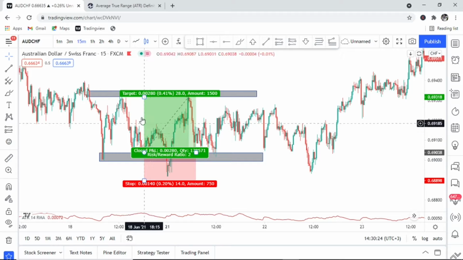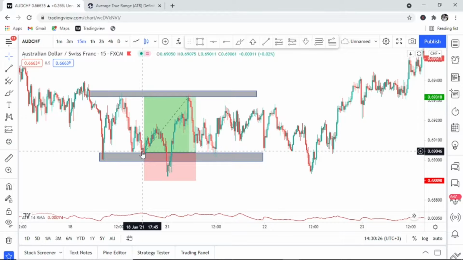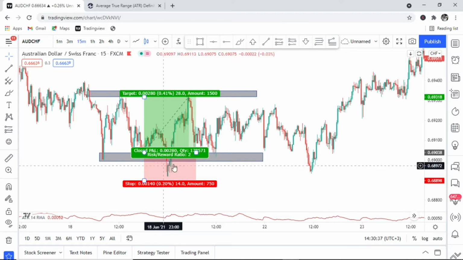Since there is a high likelihood of that happening, the best thing to do is to place your stop loss a bit wider, and the ATR has helped us place our stop loss a bit wider, thus helping us avoid this loss that could have occurred right here.